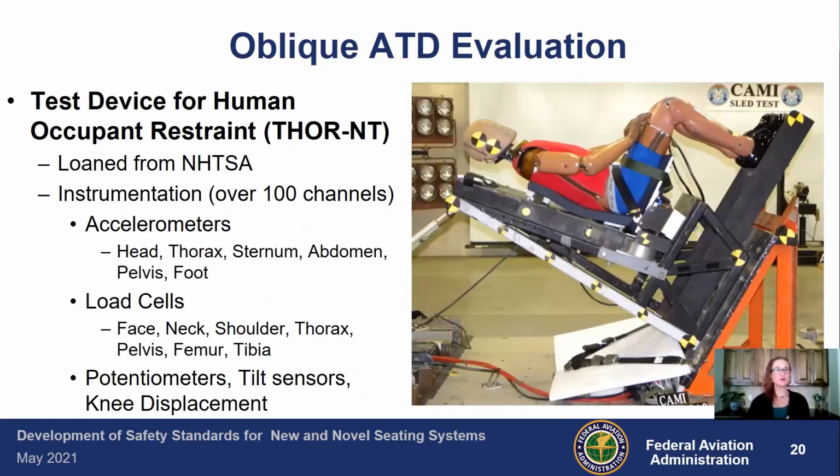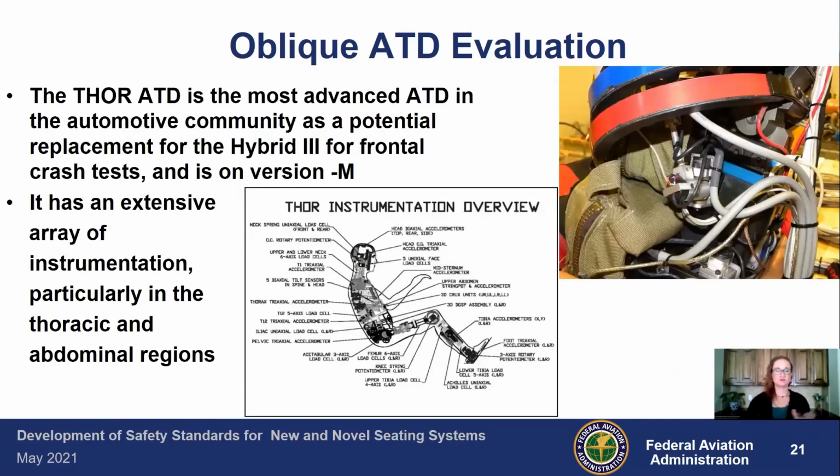But one thing that the Thor has is the ability to measure, it's got over 100 channels of instrumentation. And he's the most advanced test dummy in the automotive community and is being used as a replacement for the Hybrid 3 for frontal impact testing. And they're actually on version M now, but it has a considerable instrument array, particularly in the thoracic and abdominal regions. And those are 2 areas that we're very concerned about in these oblique situations.